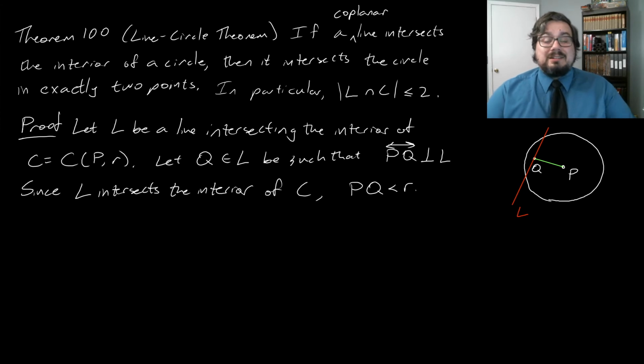And that's because L contains some point whose distance to P is less than r, and the point Q that we've set up here creates the shortest distance from P to L that we can come up with. So since L intersects the interior of C, the closest approach to P must come closer than little r, which gives us the boundary of the circle.